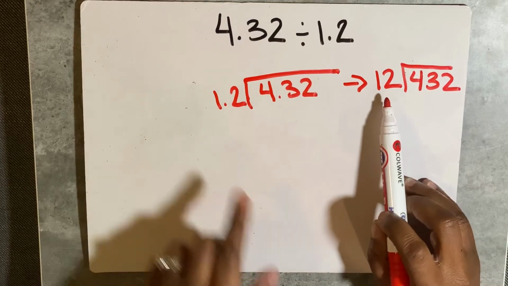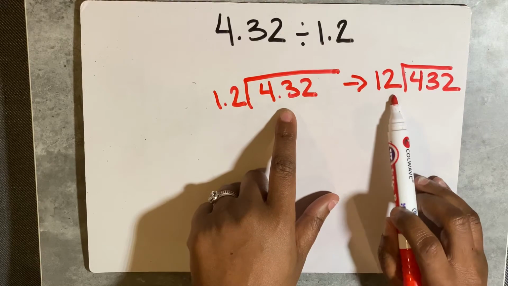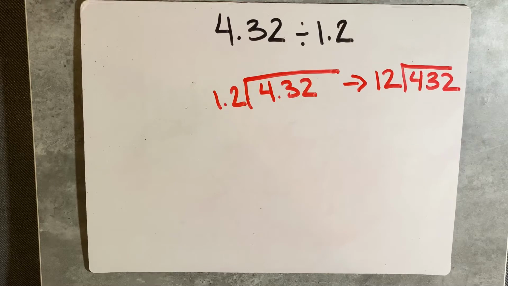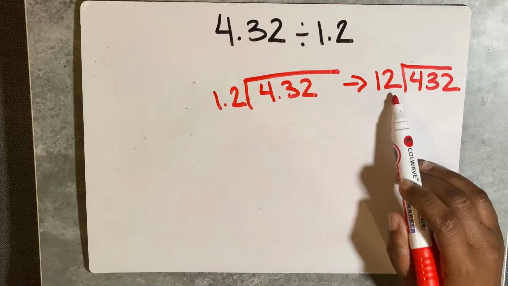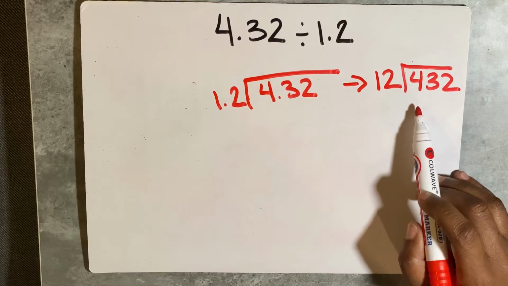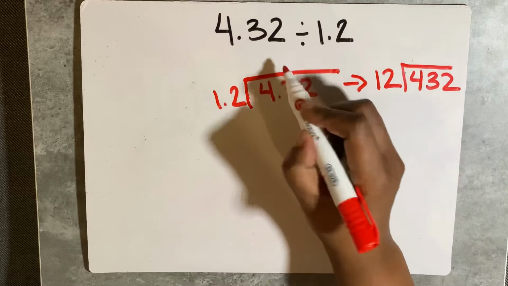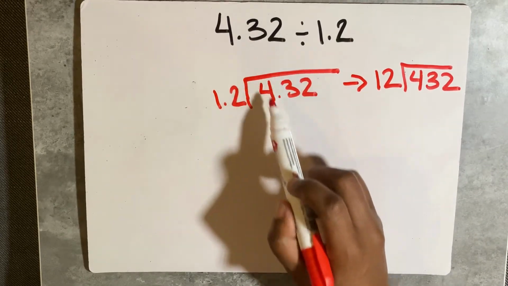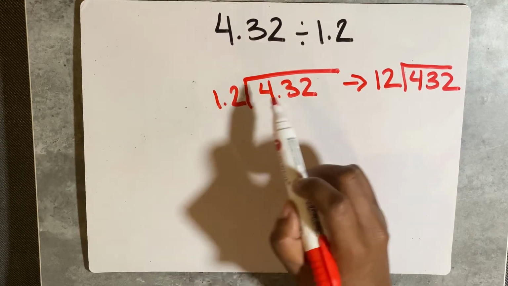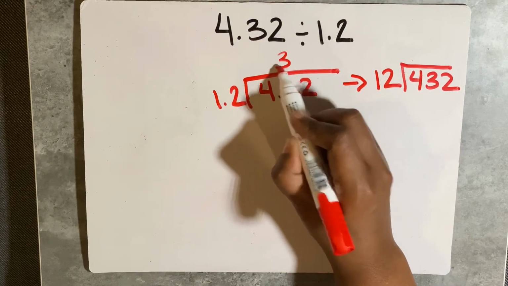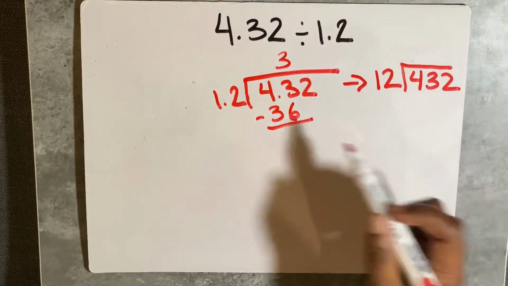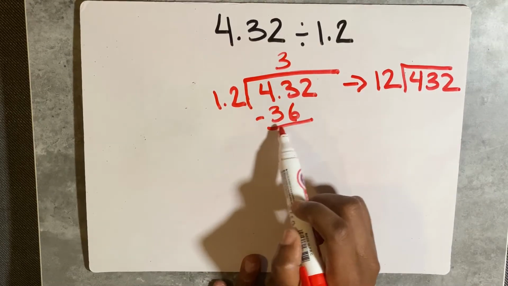So how many times can 12 go into 43? 12 into 43. 1, 2, 3, 4. Wait a minute. 12 times 4 is 48. We went over, so we can't do 12 times 4, but we can do 12 times 3. So I'm not going to put it above the 4 because I didn't do 12 divided by 4. I did 12 divided by 43. So I put the 3 here. 3 times 12 is 36. 43 minus 36.